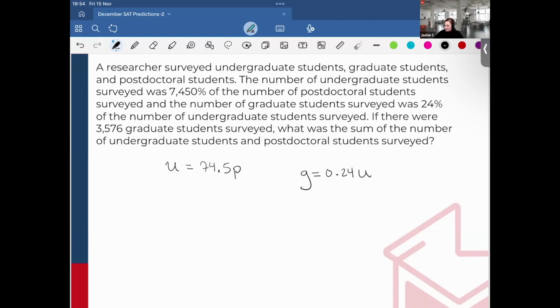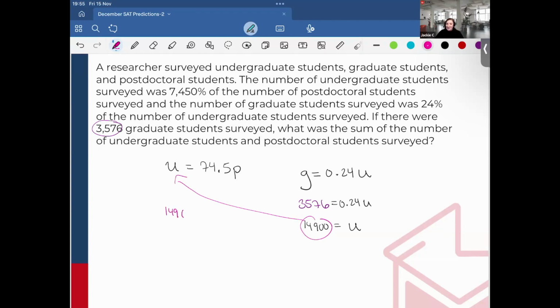And then it says there were 3,576 graduate students surveyed. Okay, so I can divide each side by 0.24. Let's do that, which is 14,900 for undergraduate. And now that I have that, I can substitute this in for my formula here.